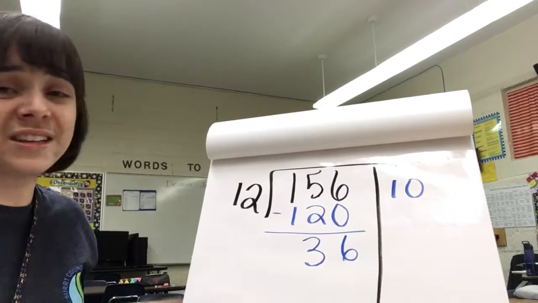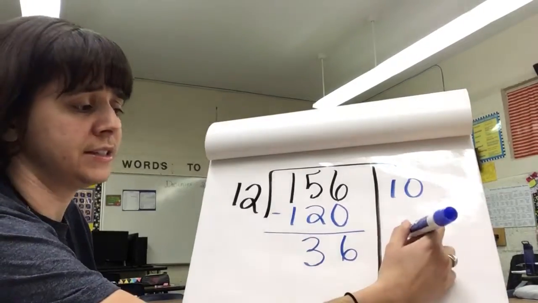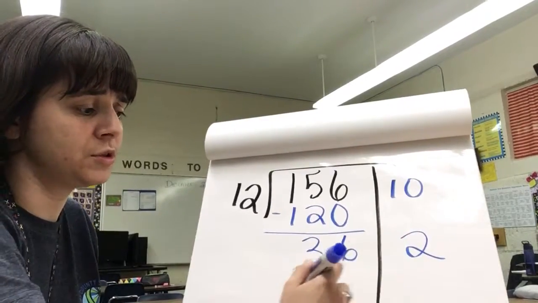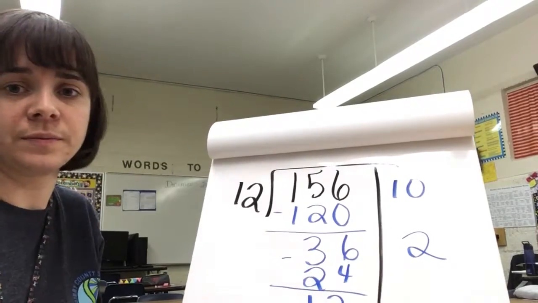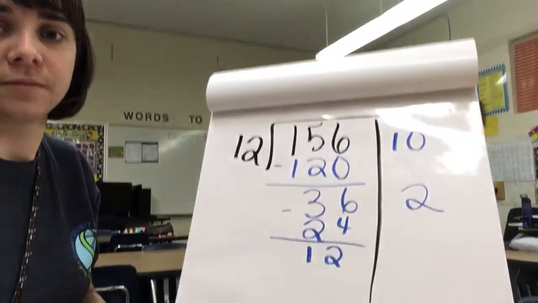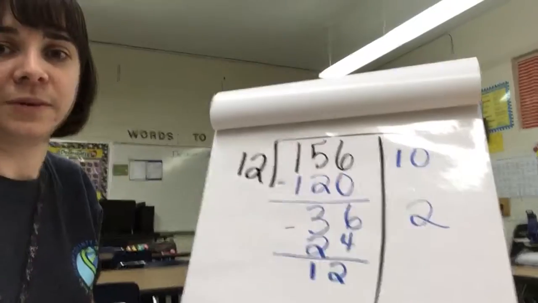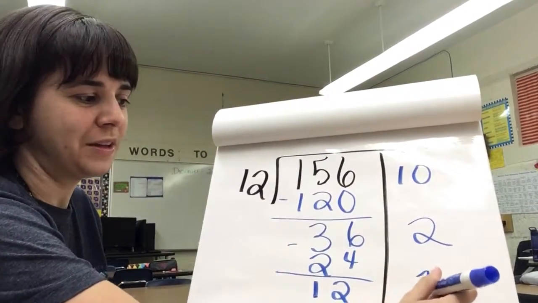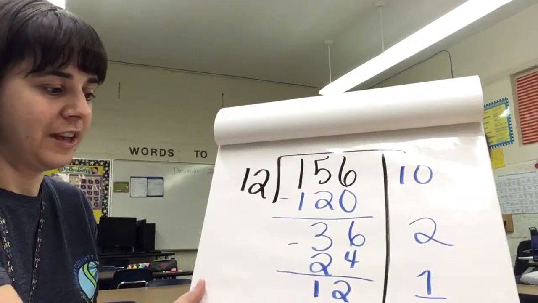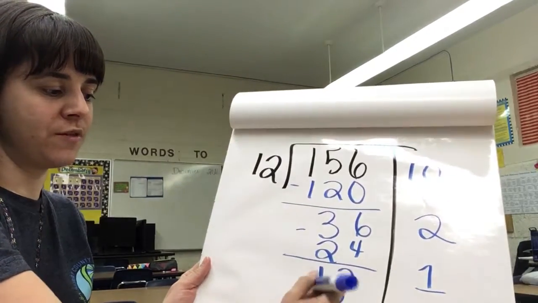I know that at least 2 groups of 12 will go into 36 because I know 12 times 2 is 24. I subtract. I get 12. And then I know that one more group of 12 will go into 12. And 12 times 1 is 12. I subtract.